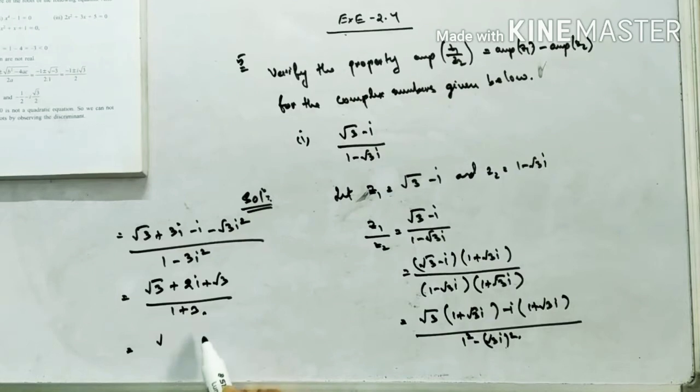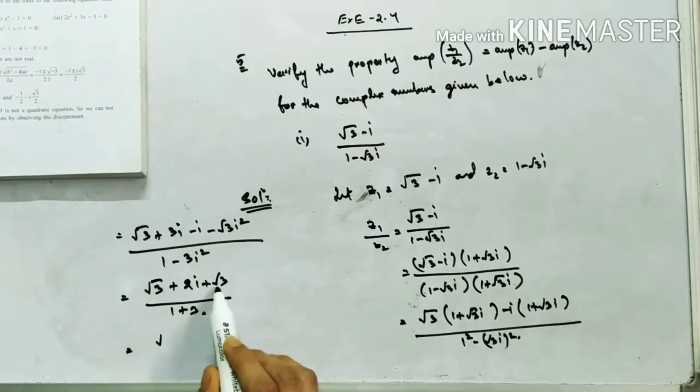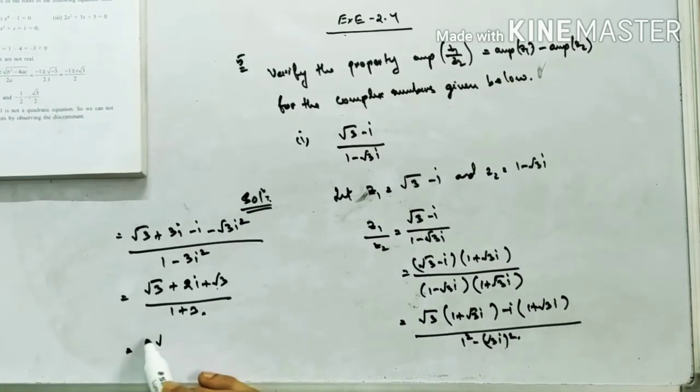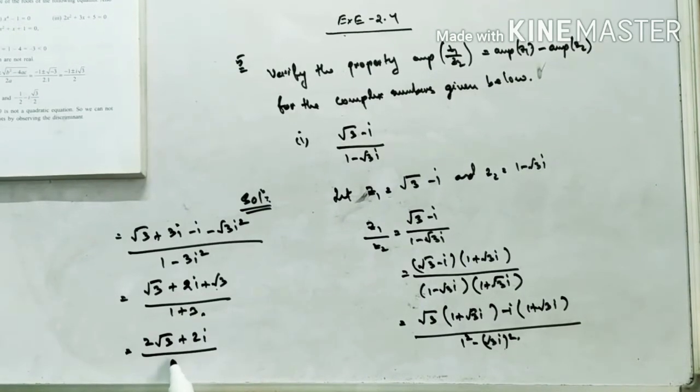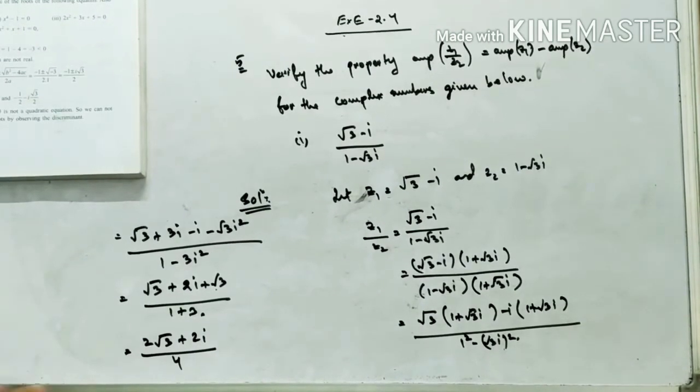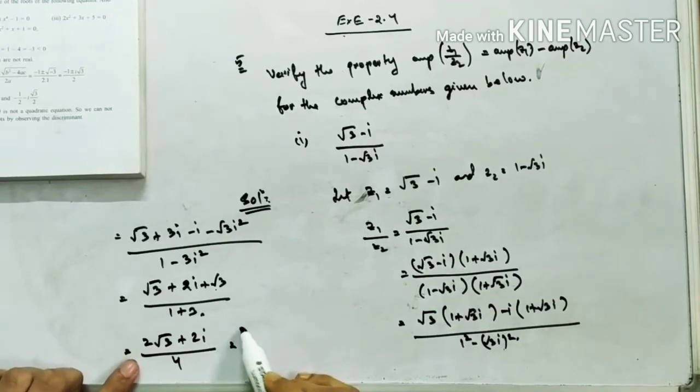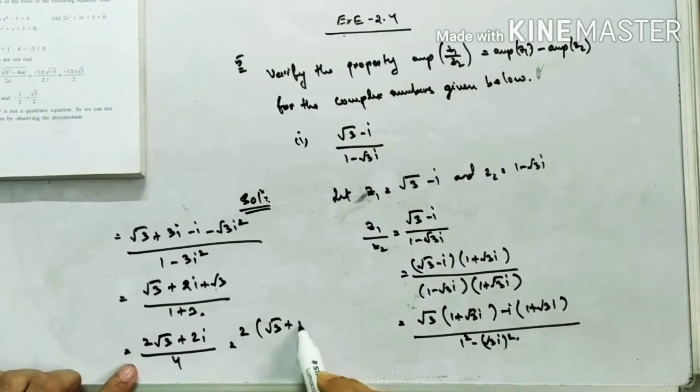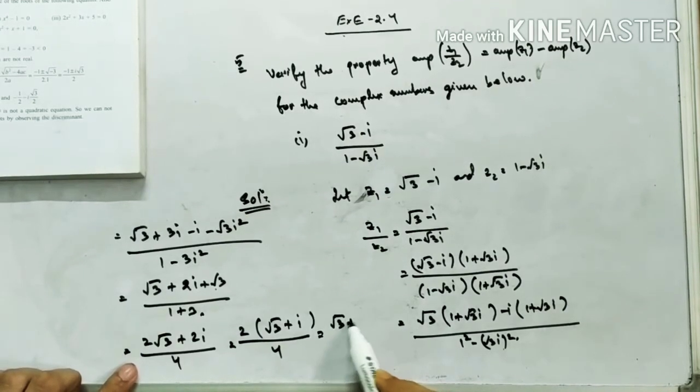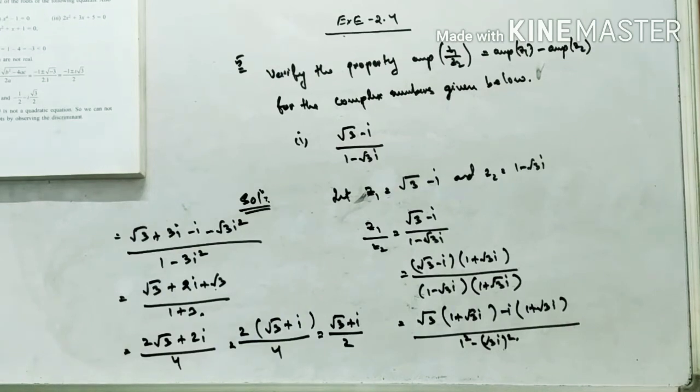Root 3, okay, so this one root 3 plus root 3, I will get twice root 3 plus 2i by 4. So if you take common root 3 plus i by 4, which is ultimately root 3 plus i by 2 you will get.